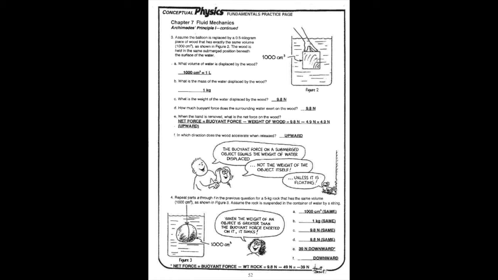Now, a 5 kilogram rock exerts 50 newtons. So if you had the 10 newtons of buoyant force minus the 50 newtons of the rock, you have a negative 40 newtons, or otherwise it's going to go 40 newtons downward. That will be the force with which the rock sinks in the water.